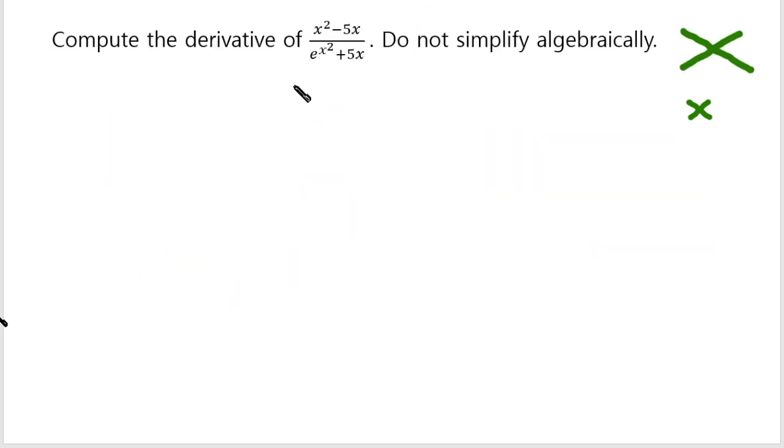Alright, last question here. Oh, fraction. That's quotient rule. Horrible, horrible. Oh, but thankfully it says do not simplify algebraically, and actually some of my exams will say that. I'll put a question about the derivative and say do not simplify algebraically. Alright, so let's try to differentiate this.